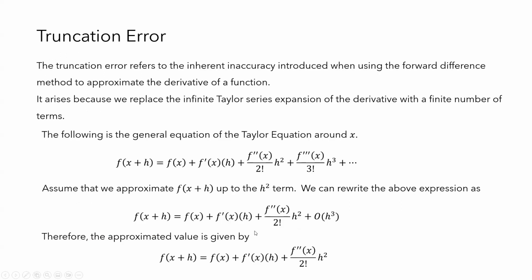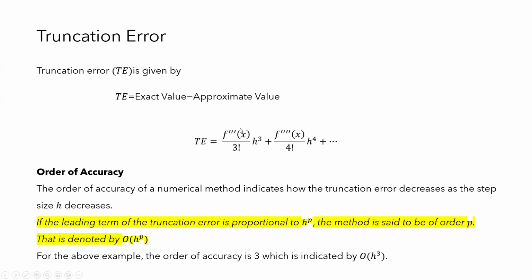For this example, the truncation error is given by the third derivative of f, the terms associated with h to the power 3, and the terms associated with higher orders of h.